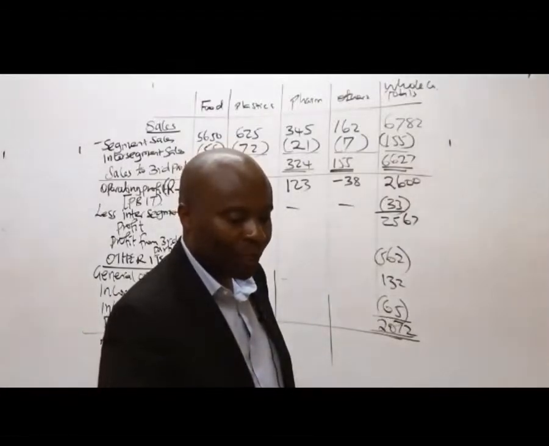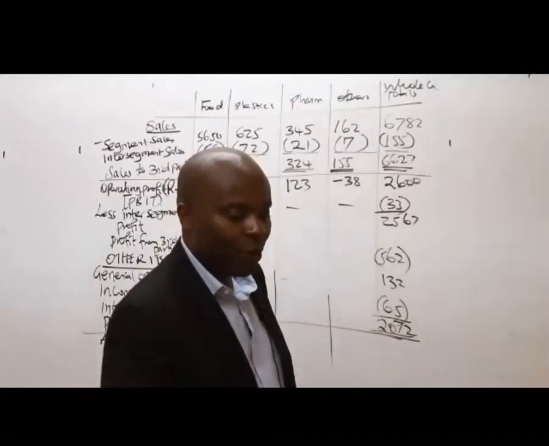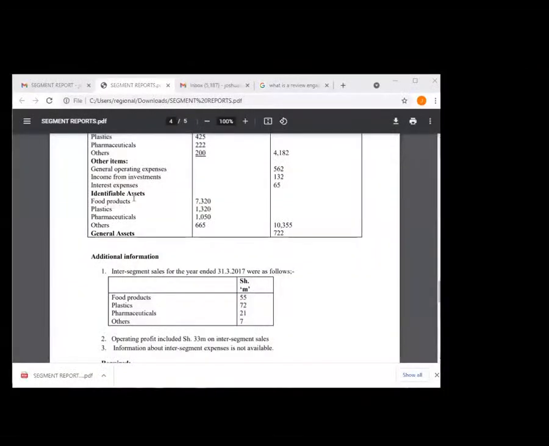I like this topic so much. So go and look at the identifiable assets. I hope you're able to see them here. Basically, these are the segment assets. I'll write them very fast and then you'll come and pick them up.